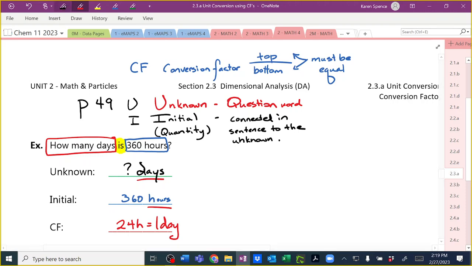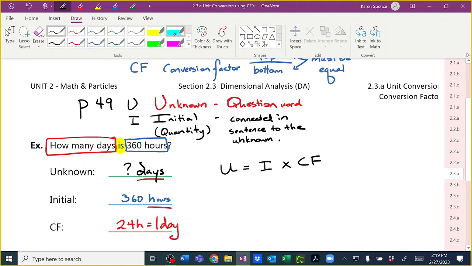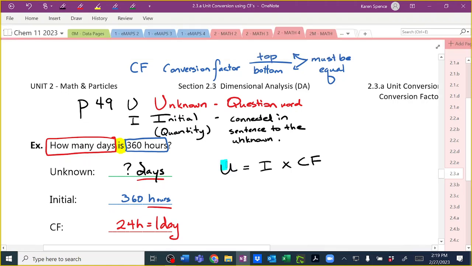Every question we do, you are going to start with your unknown. You're going to say my unknown is equal to my initial quantity times a conversion factor. So my unknown, I don't know how many days.